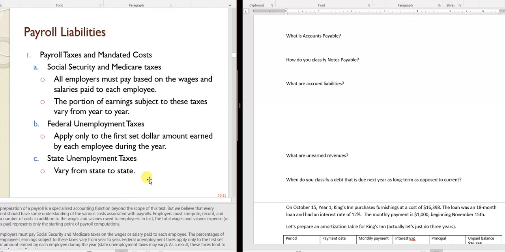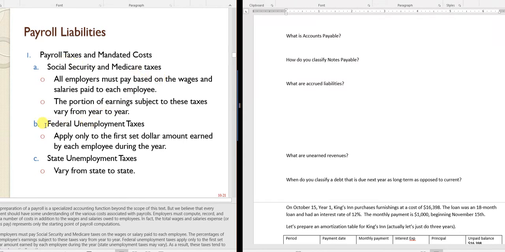So not only will we have wages payable, but we'll have payroll taxes payable. So kind of read up on these. Social Security and Medicare: a portion of it is withheld from your pay, and then your employer pays an equal amount. So if they withhold $50 from your pay, your employer will keep that back and send in $50 of their own for you. So $100 goes in for Social Security and Medicare.